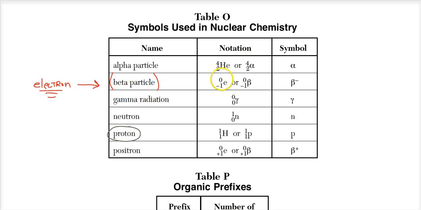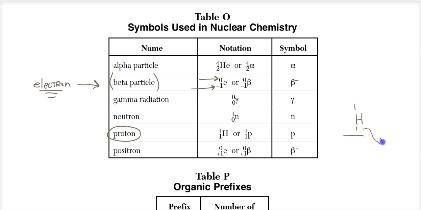So looking carefully, you'll see the mass number, the top number, is a 0. We give the electron a mass number of 0, and its charge number is -1. Look at a proton. It's given a hydrogen symbol because hydrogen, if you remember, is 1/1.